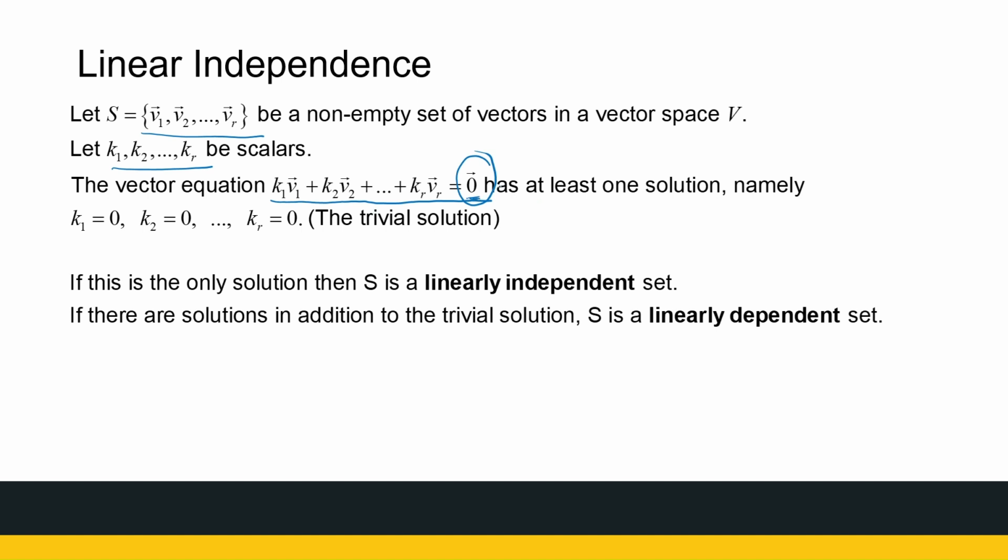We know that a homogeneous system has one solution at least, which is the trivial solution, but it could have more solutions. So what we're saying is if this vector equation has only one solution, the trivial solution, then the set is linearly independent. But if there's more than the trivial solution, the set is linearly dependent.